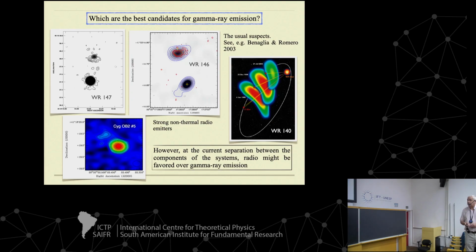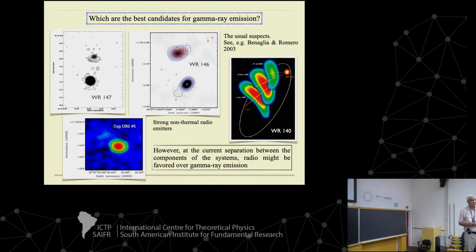And then there are other candidates, very powerful systems that are detected as non-thermal radio sources, like WR 147, 146, and the famous Wolf-Rayet 140.